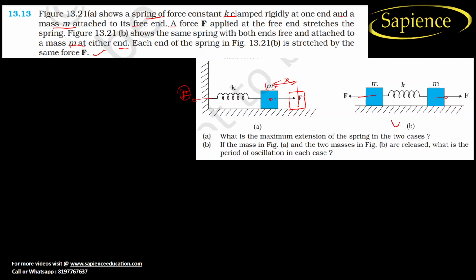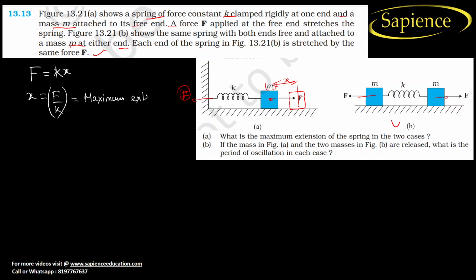Now, what is the maximum extension of the spring in the two cases? As we know, F is equal to Kx, so x is equal to F by K, where K is the spring constant, and this is the maximum extension.